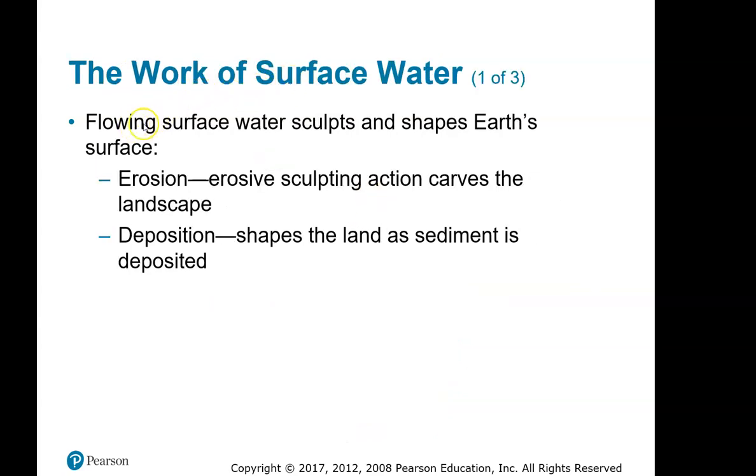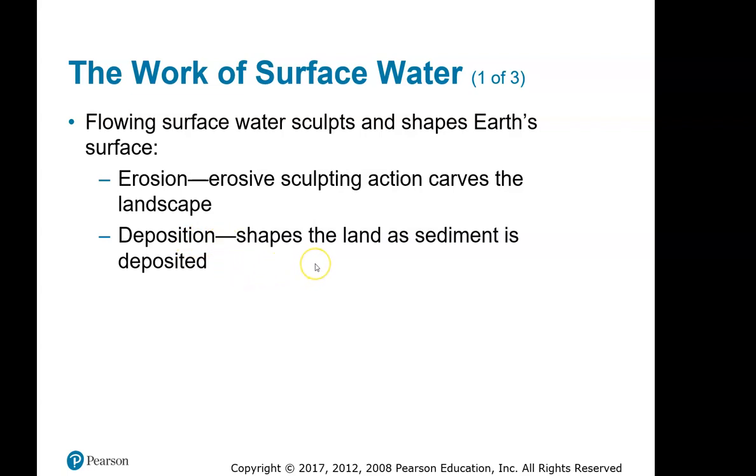Anyhow, the flowing surface water sculpts and shapes the Earth's surface. You've got erosive sculpting that goes on, certainly with the Mississippi, that's been going on for a very long time. And then, just like we talked about in chapter 20, there's deposition, where it's depositing material that the water is carrying along.